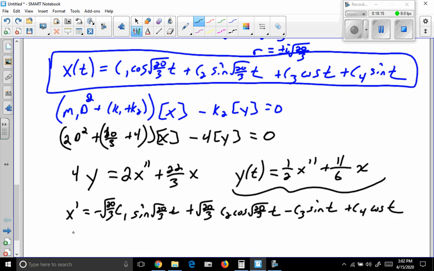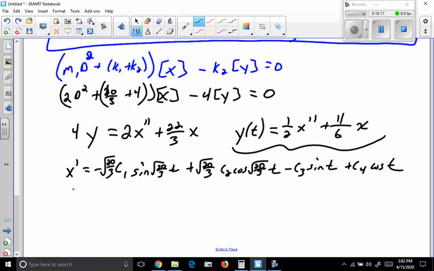So that's our first derivative, then our second derivative. The derivative of sine is cosine times the derivative of the inside. The derivative of the inside is another root 20 over 3. Real quickly, root 20 over 3 times root 20 over 3 is root 20 over 3 squared, which is just 20 over 3.